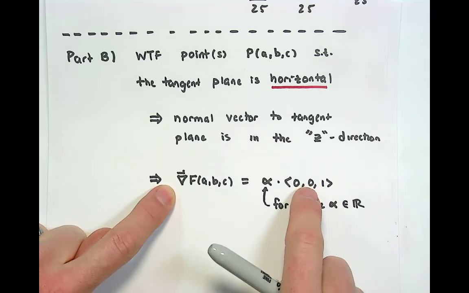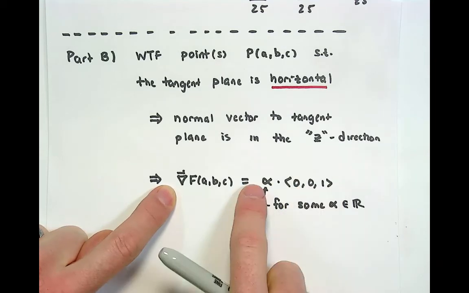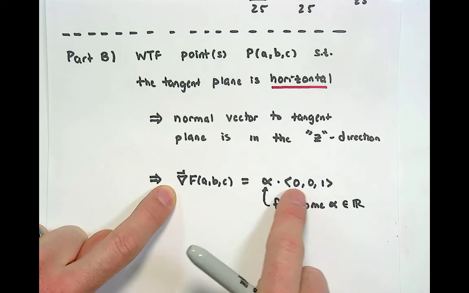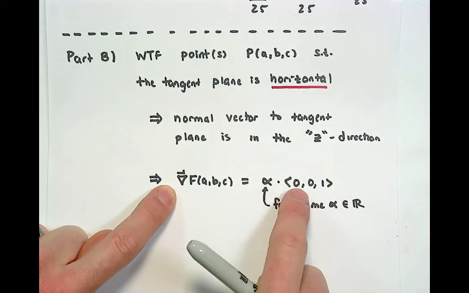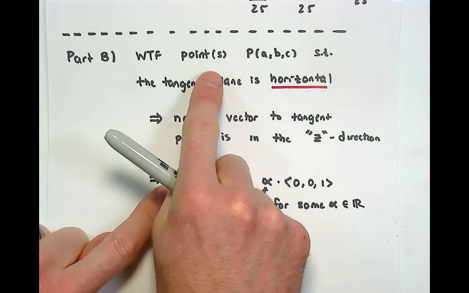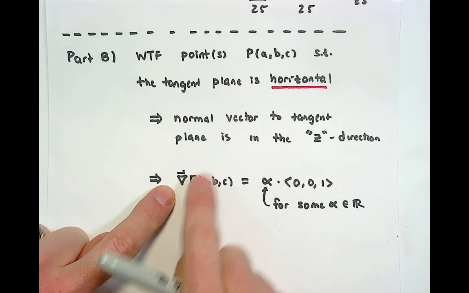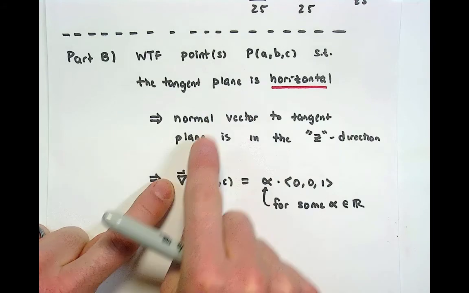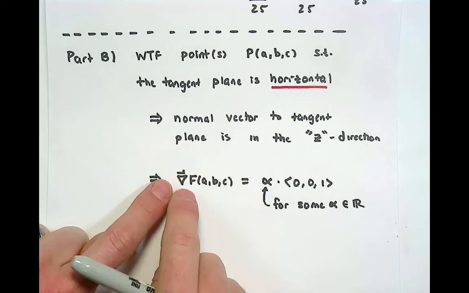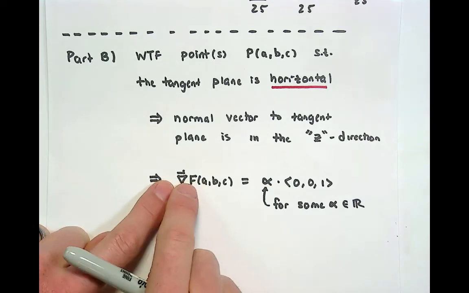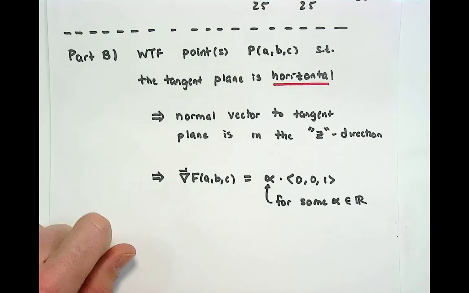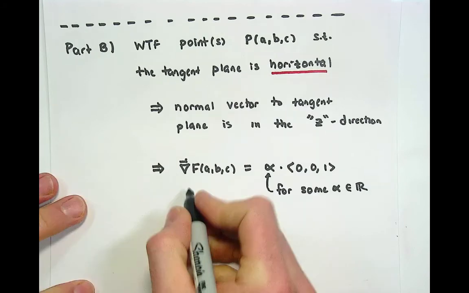This gives you the unit vector pointing upwards in the z direction, and the z direction is the set of all scalar multiples of some vector in that direction. So to find all points on the surface where the tangent plane is horizontal, we want all points where the normal vector is in the direction of z, but the normal vector to a tangent plane is the gradient of the function that defines the surface.